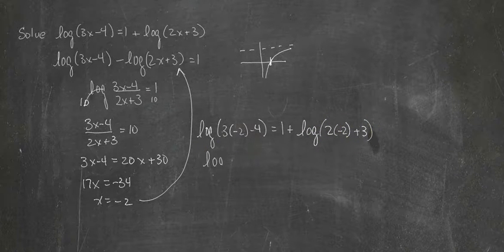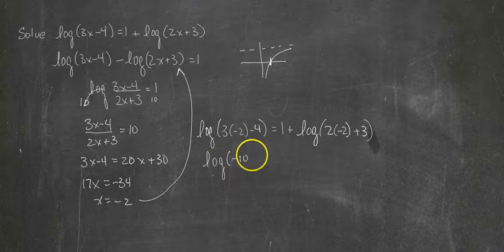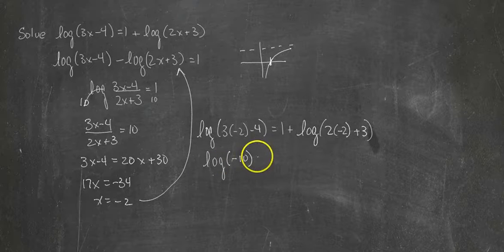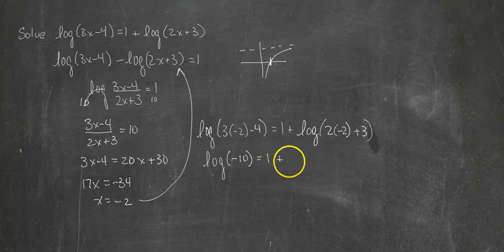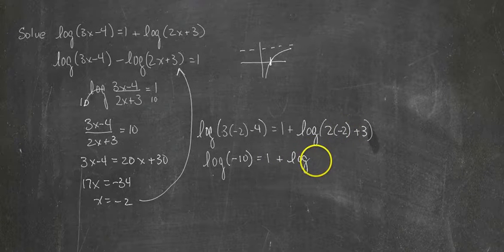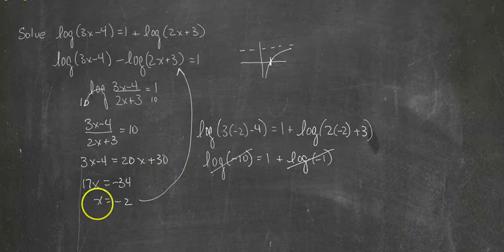So that's log of negative 6 minus 4, which is the log of negative 10. That's not possible. I'm going to keep going. Equals 1 plus the log of 2 times negative 2, which is negative 4 plus 3, a negative 1. Both of these logs don't exist, and so in this situation there's no solution at all.